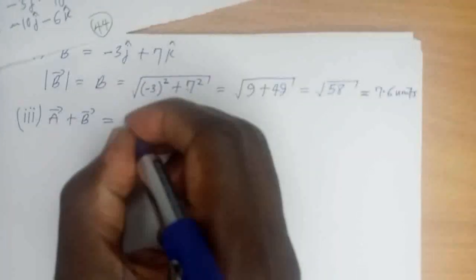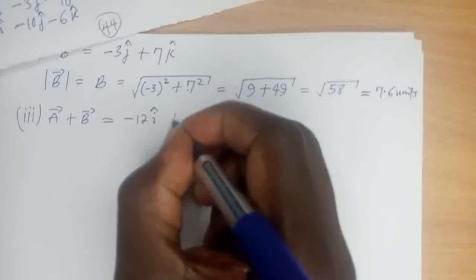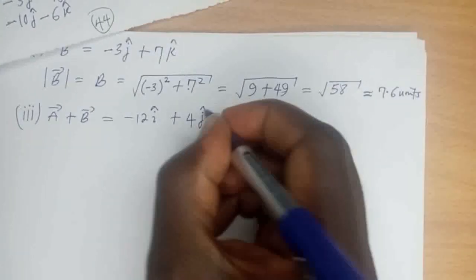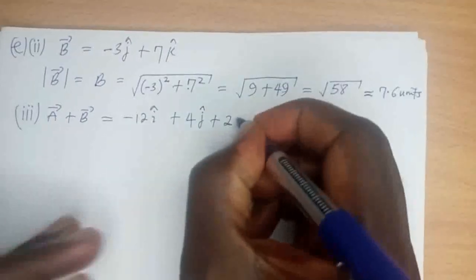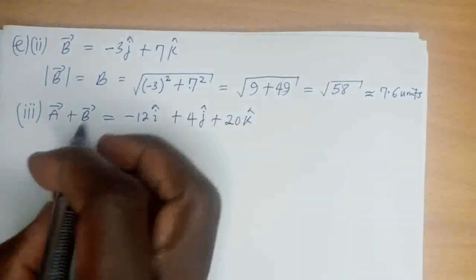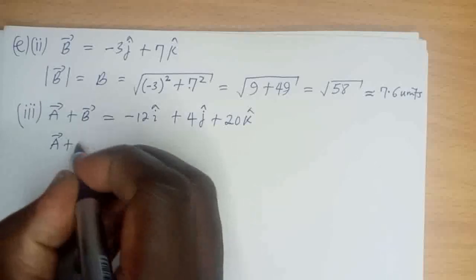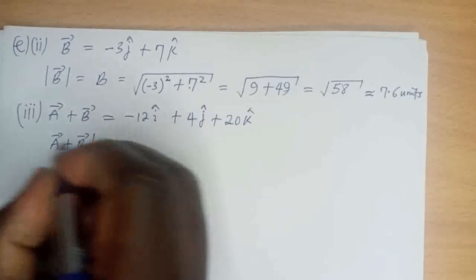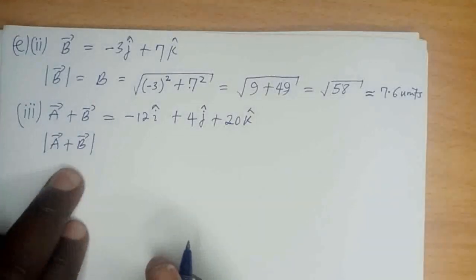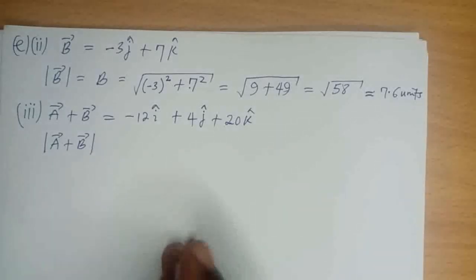The result was minus 12 i cap plus 4 j cap plus 20 k cap. So the magnitude of A plus B should be written as this, and this is the only way possible.